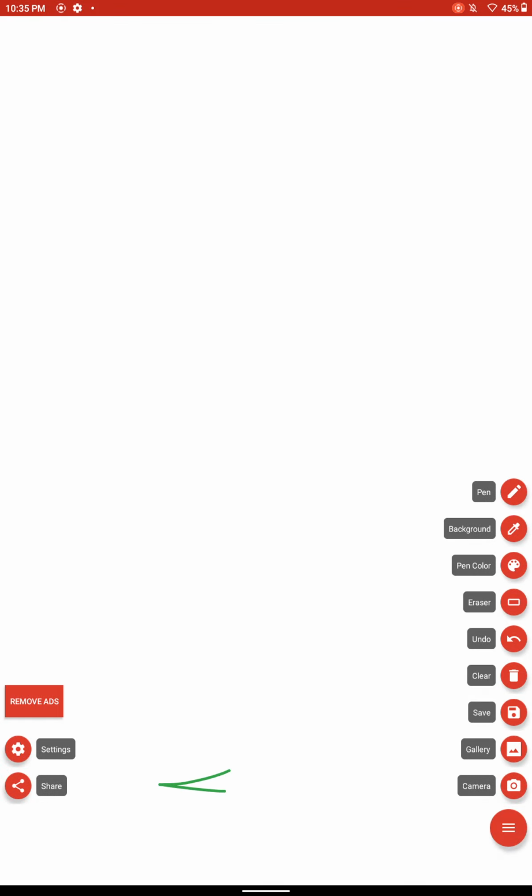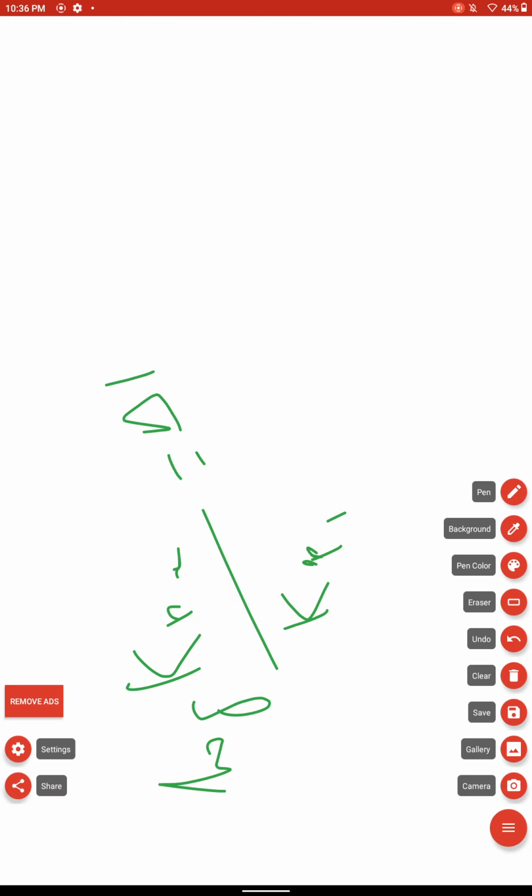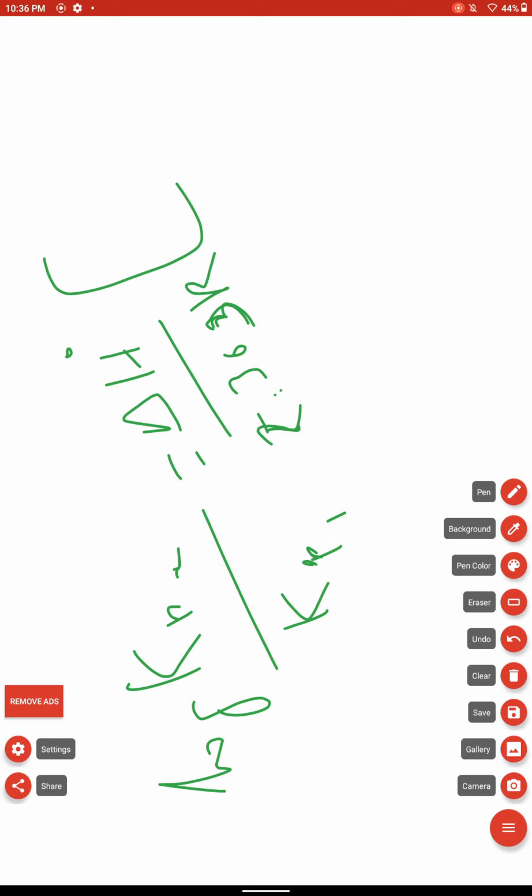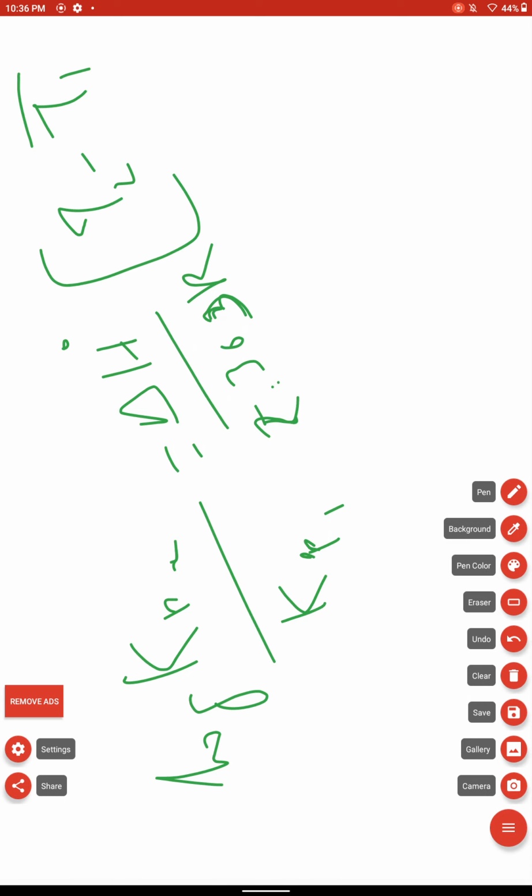It is log of Kp2 divided by Kp1 that is equal to delta H0 divided by 2.303 R into T2 minus T1 divided by T1 T2.